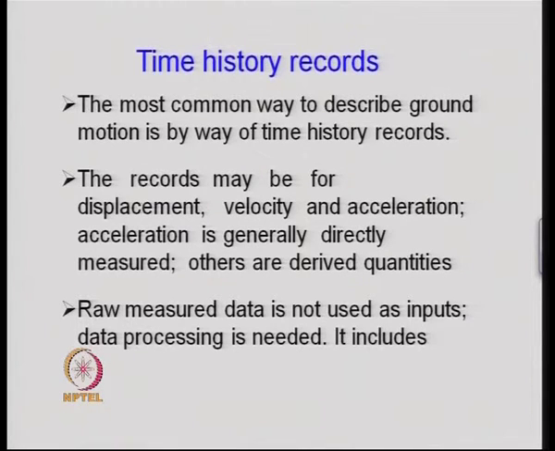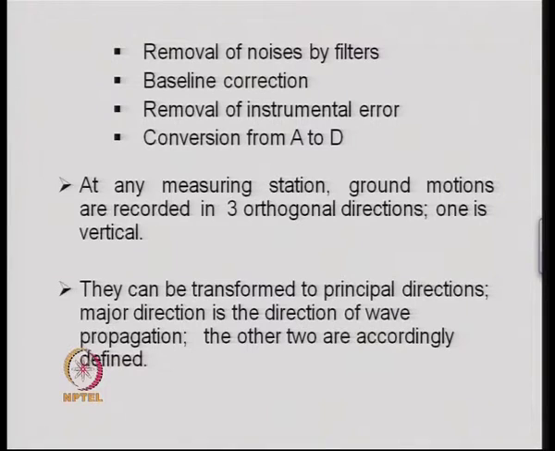These data are processed in order to remove the noises by filters. Then we make a baseline correction in order to provide a proper baseline to the earthquake data. Then we also remove the instrumental error, and finally one has to get a conversion from analog to digital data.